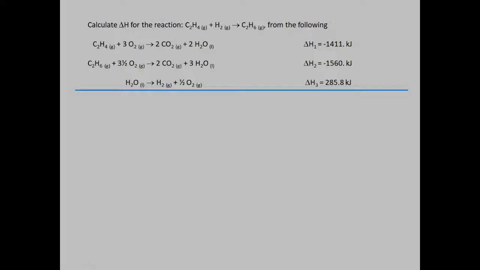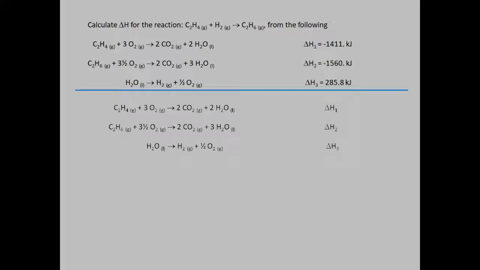Here I have 3 reactions, and I want to know the enthalpy change for the addition reaction of hydrogen to ethene to make ethane. We're given a series of enthalpy changes, mainly for combustion reactions: the combustion of ethene, the combustion of ethane, and the decomposition of water.